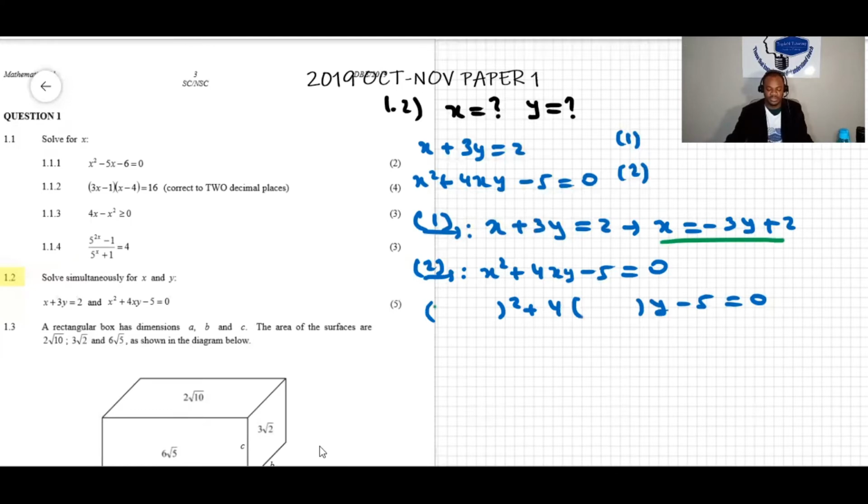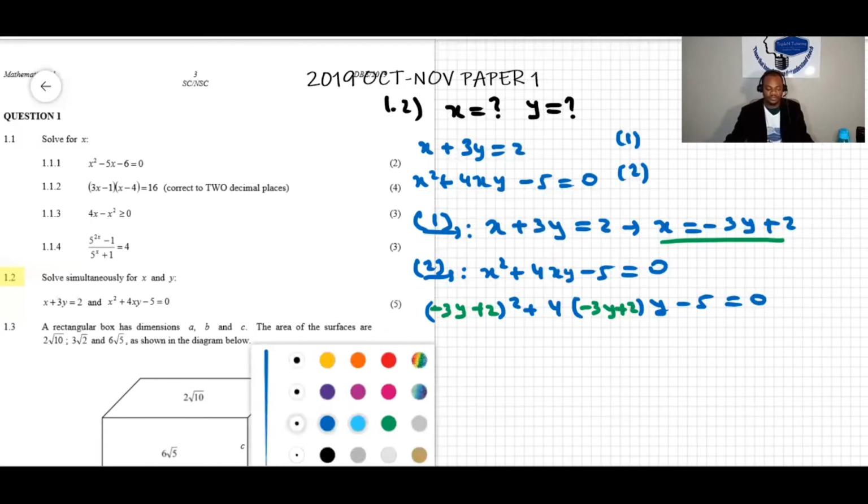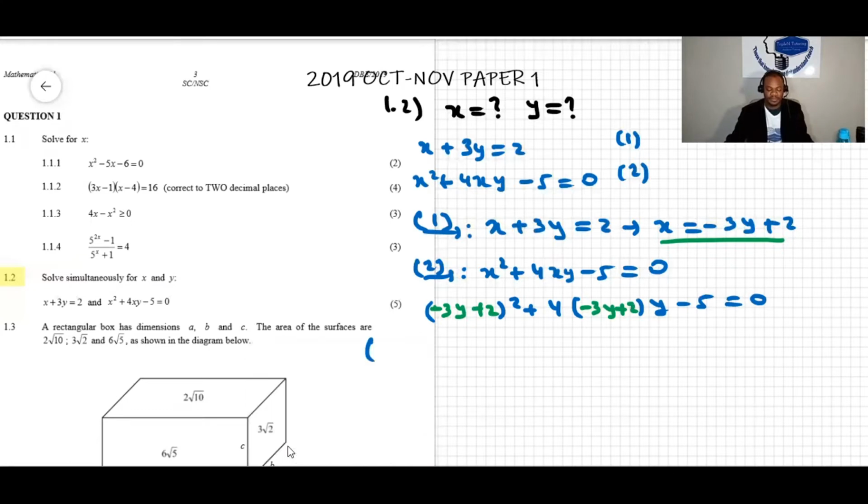So I write negative 3y plus 2 and negative 3y plus 2. Now over here we're going to expand negative 3y plus 2 times negative 3y plus 2.